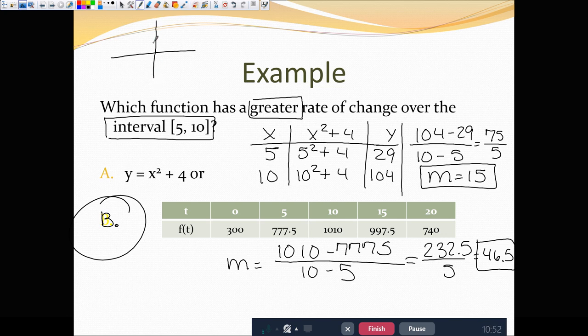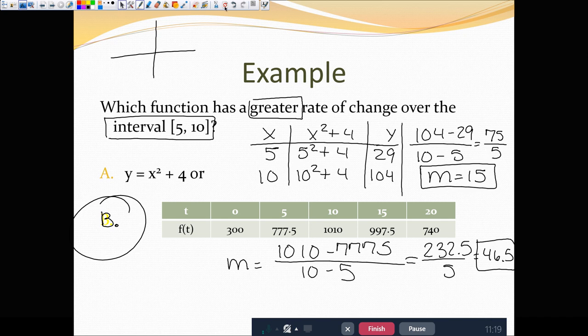So my y-intercept here would be 300. And to find the y-intercept for this one, I would substitute in 0, and it would be 4. So if we were looking for greater, it would obviously still be B. But if you were looking for smaller y-intercept, then it would be A. That could be a problem if they ask. So you gotta keep in mind what they're looking for.